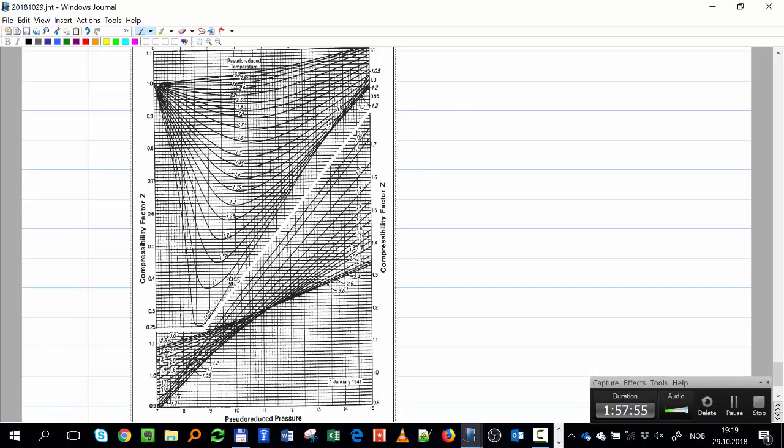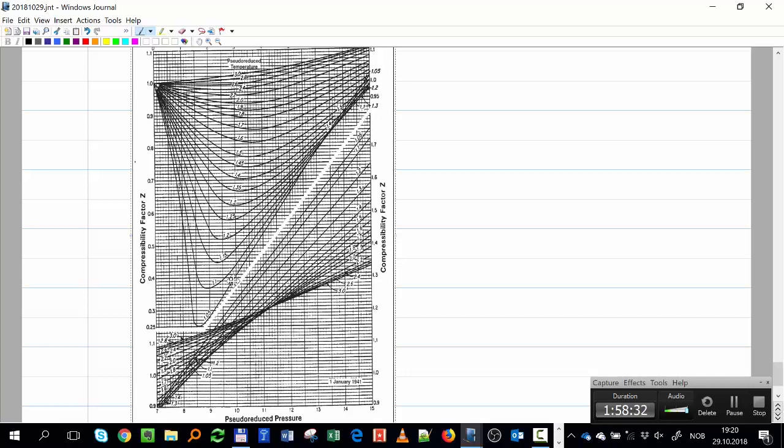Here you plot the reduced pressure, P divided by P critical, and these lines are for one reduced temperature, 1.2, 1.25. You see that here the scale goes, maybe you cannot see it, from 0.25 to 1. And for the rest, it is just not to make all of them overlap in the same plot.